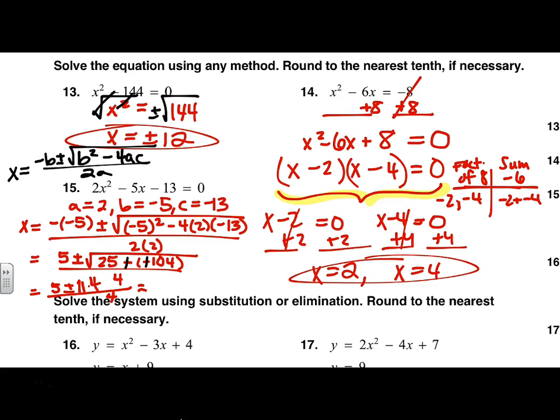Now how do we find both of those answers? We do 5 plus 11.4. 5 plus 11.4 is 16.4. 16.4 divided by 4.